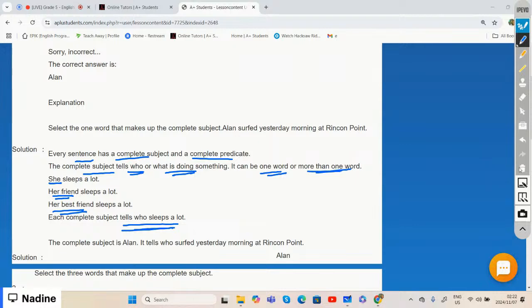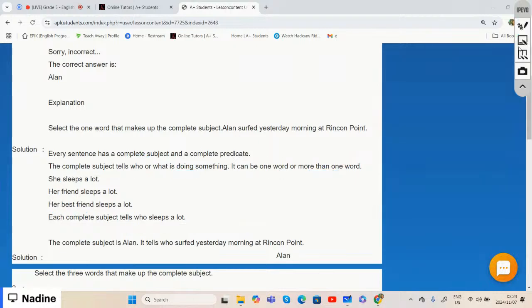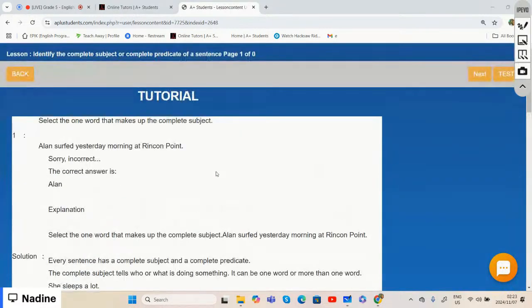All right, so now we're going to do an activity and then we're going to our test. It says we need to select the one word that makes up the complete subject.